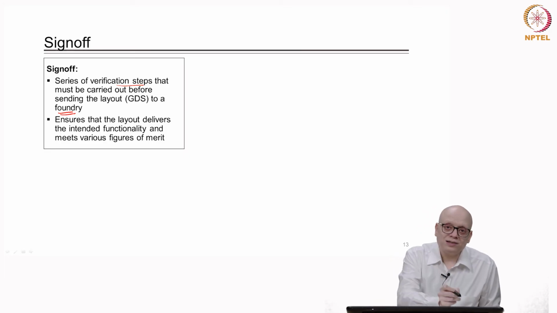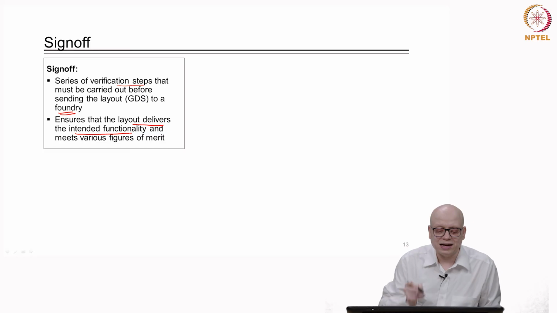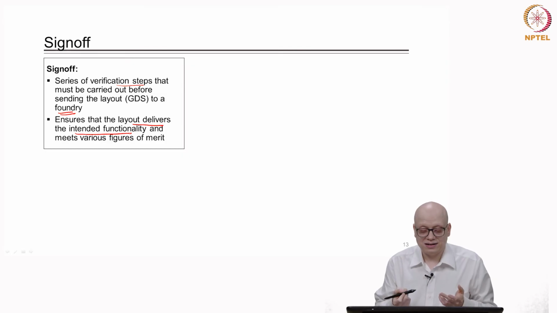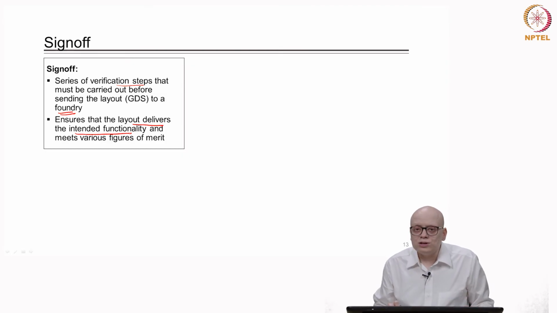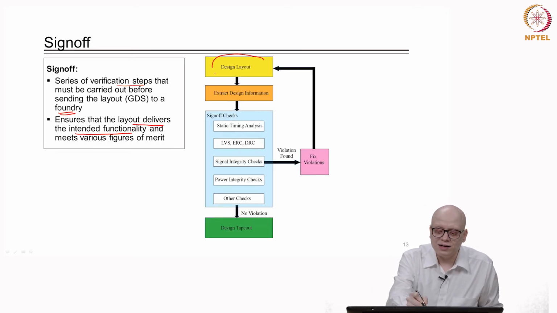Why do we do sign off checks? We do the sign off checks because these checks ensure that the layout delivers the intended functionality and also meets the various figures of merit that we intended. So, let us look into the framework of the sign-off check. In the sign-off check, we have the design layout.